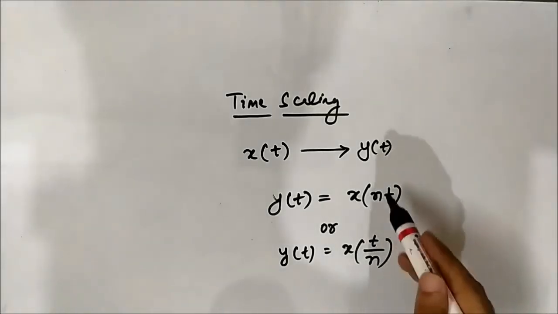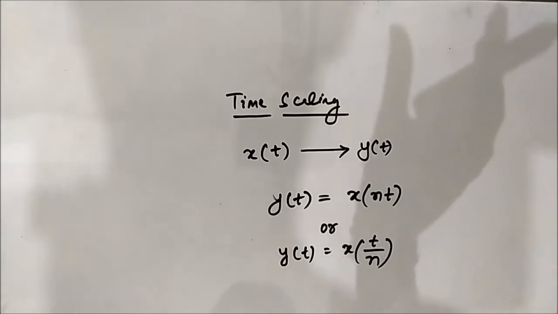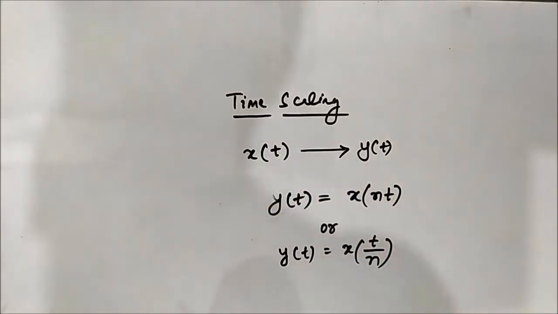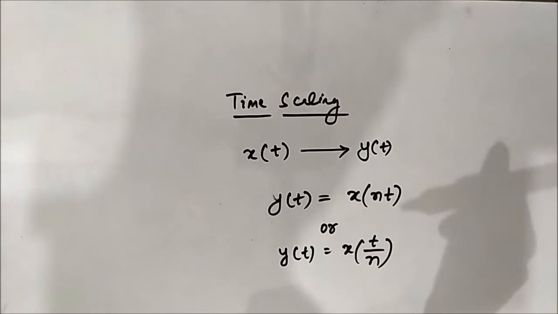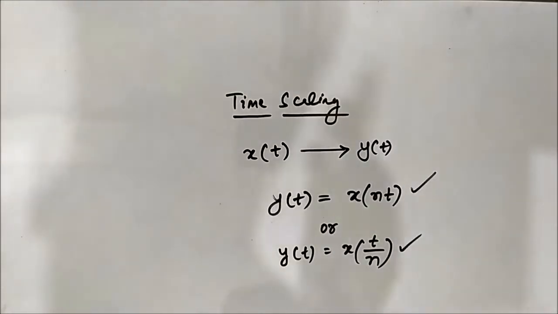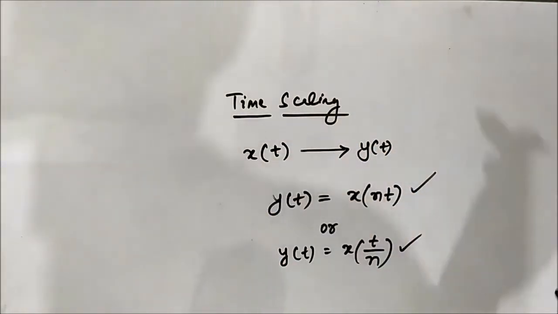So this will result in two different outputs. The nature of the output will be different as compared to the original reference signal, which we will discuss in this video. Okay, so these are the two types of scaling operations that are done, and how they will affect this reference signal we will see.